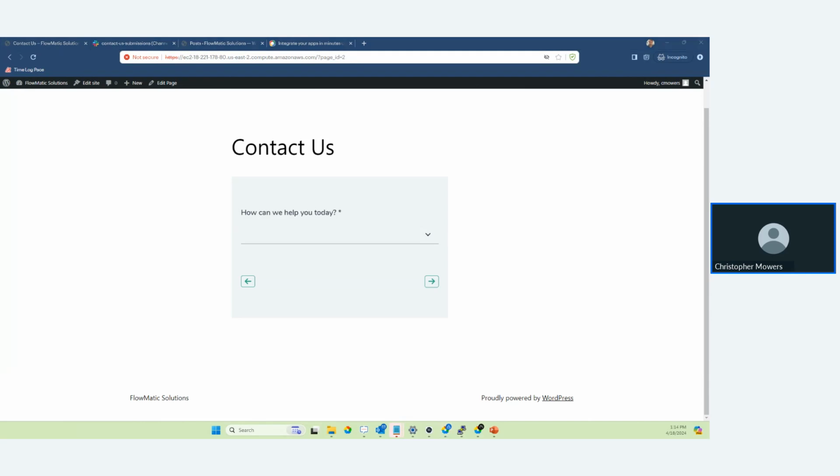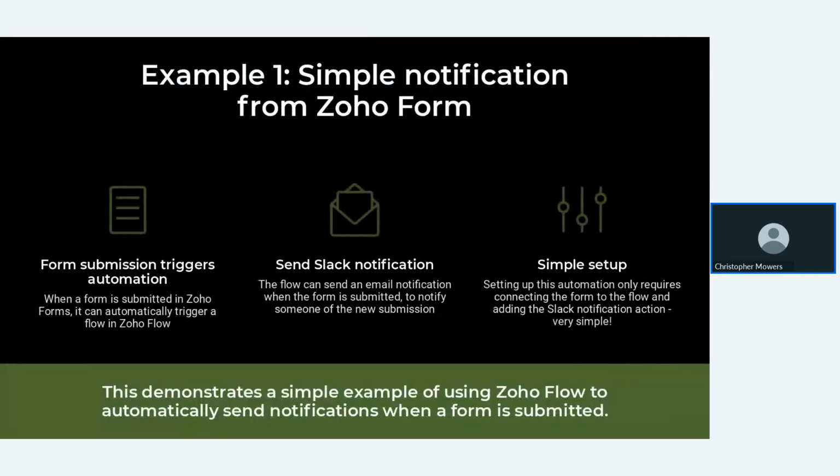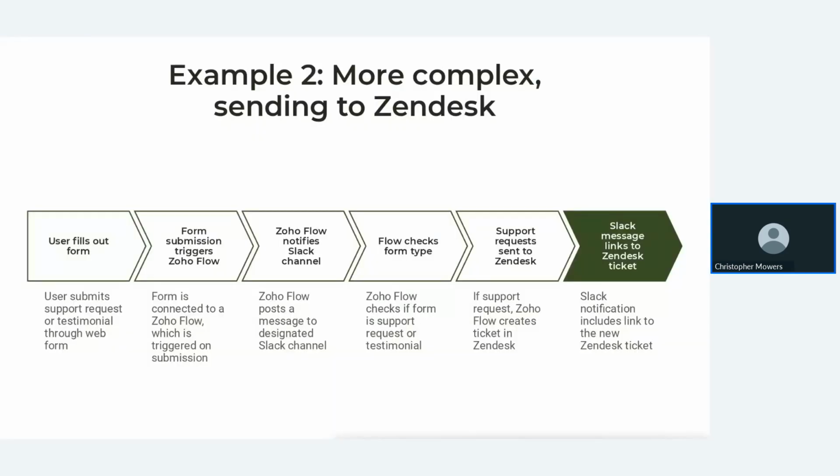So, running through what we're up to here. Let's do it this way. Let's have the user fill out the form. Let's have that form trigger Zoho Flow. Let's notify Slack in both cases, right? Because either way, we want to know that something came in. But then let's check what was submitted here.